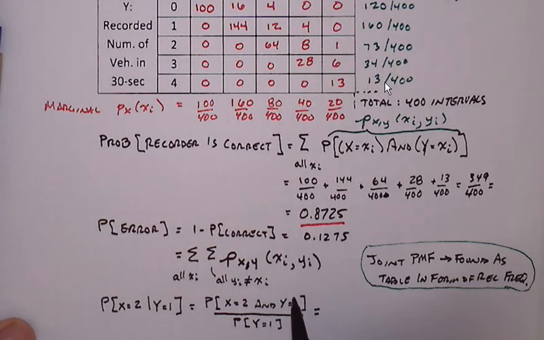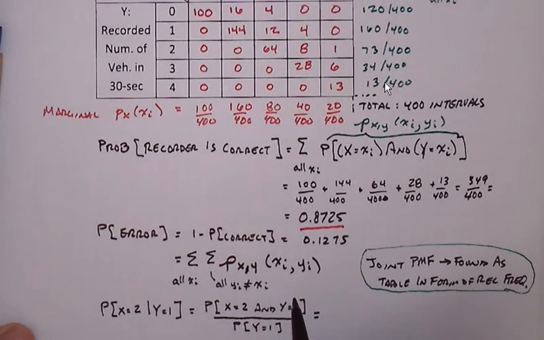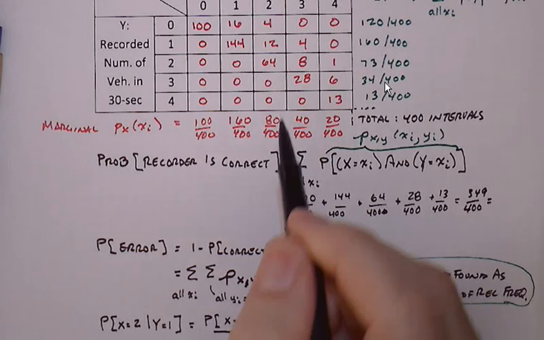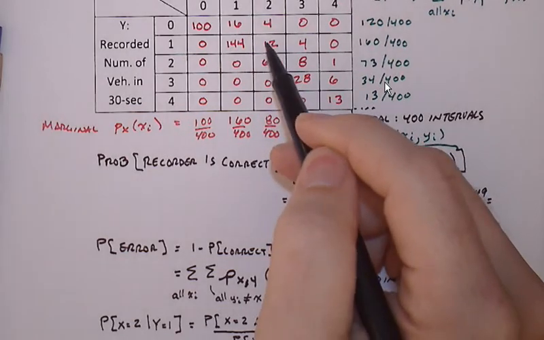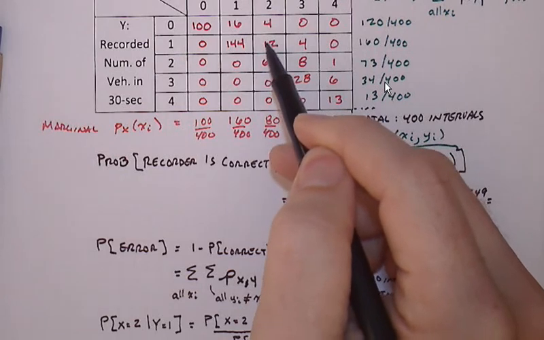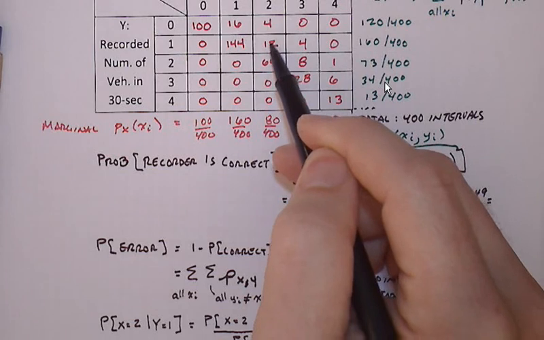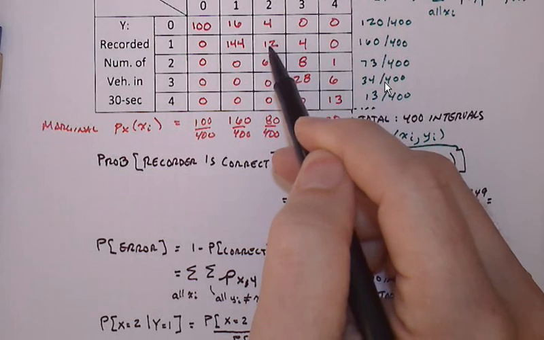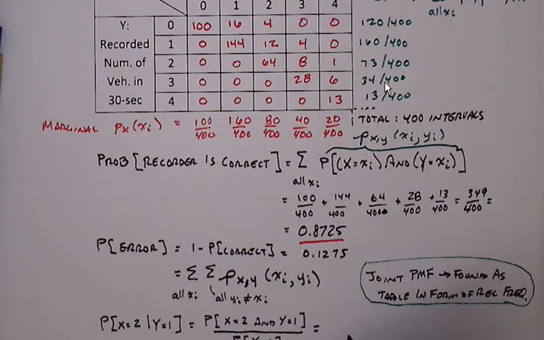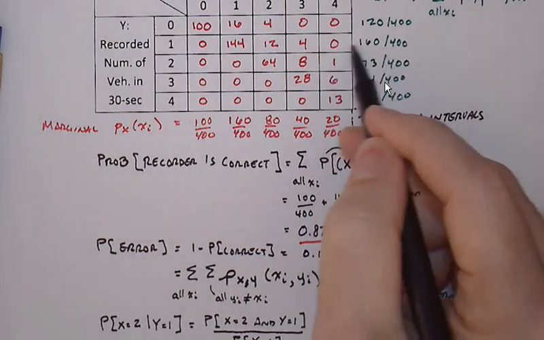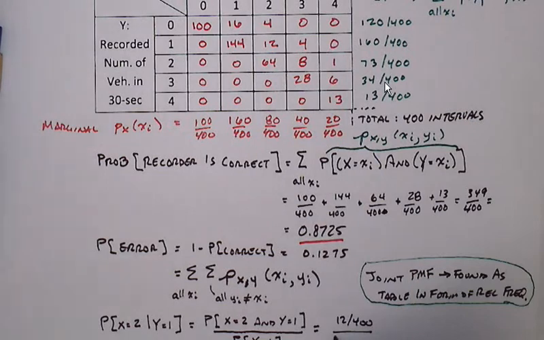All right. And so if we take a look at how often was it that x equaled 2 and y equaled 1, we come back up to our table. X equals 2 is right here, and y equal 1 right there. So that's 12 out of 400. And then the probability that y was equal to 1 was 160 over 400.